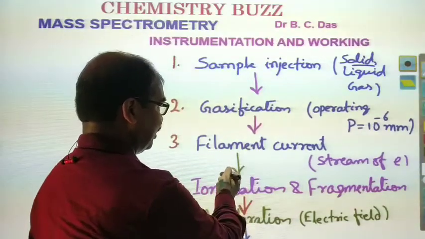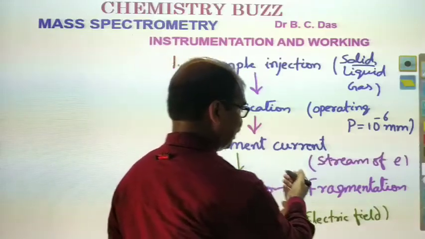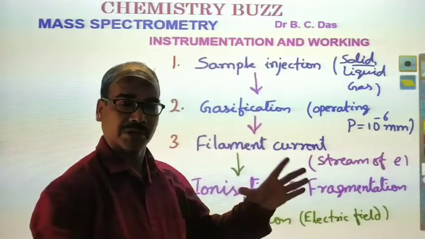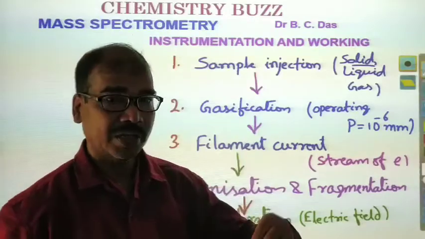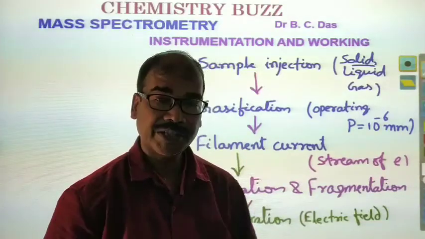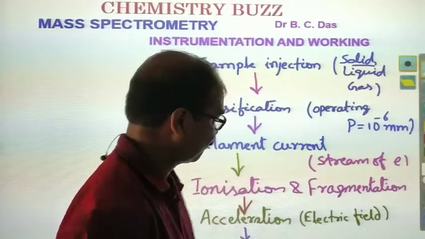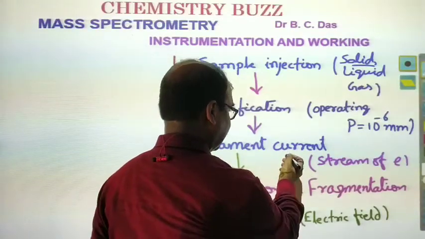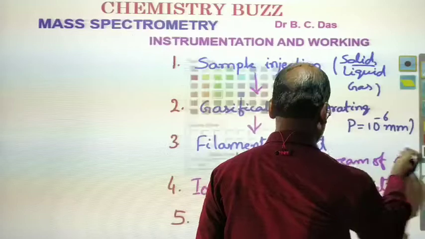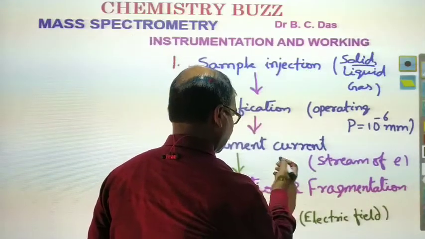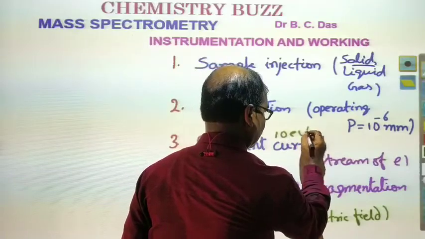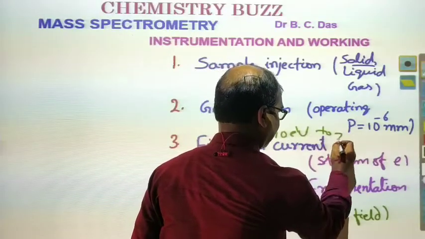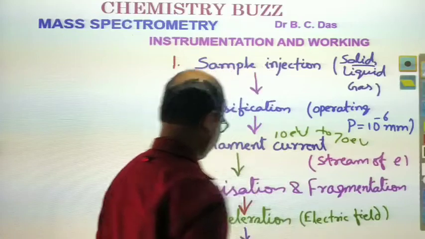The next step is the filament current. In the next chamber, the filament current is a stream of high speed electrons. Its energy is almost 10 electron volt to 70 electron volt.